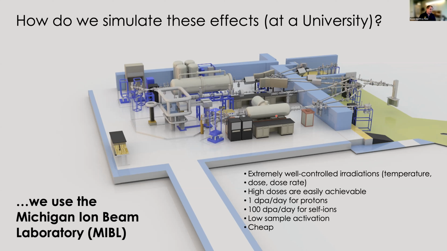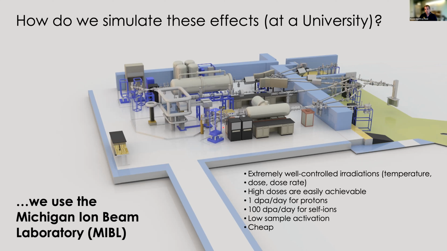We use ion beams, right? Instead of using a neutron, we can use a proton, or we can use something like a heavy ion that you generate out of a source. This is a schematic of the Michigan Ion Beam Lab. We have a bunch of different sources on 3 different beam lines here. So you can generate anything from a proton all the way up to a ridiculous number of elements on the periodic table, both solid cathodes and gas cathodes, the whole gamut.